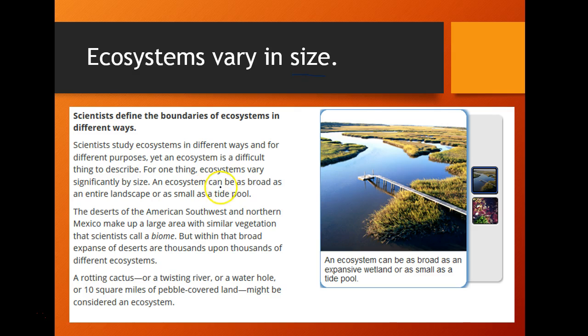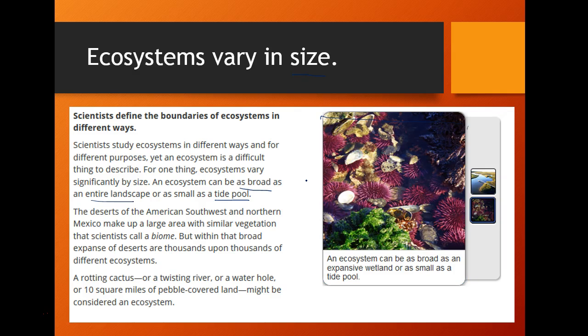For example, an ecosystem can be as broad as an entire landscape or as small as a little tide pool. Some scientists would say that this entire thing right here would be one ecosystem. But if we compared it to a tide pool, which is obviously zoomed in very closely, we can also consider this an ecosystem itself.